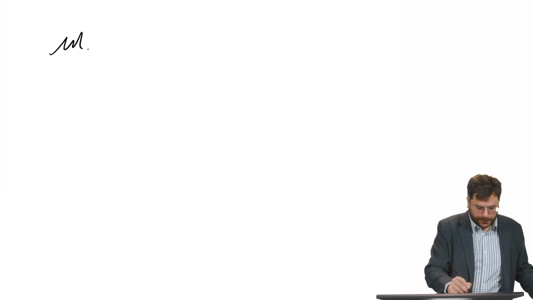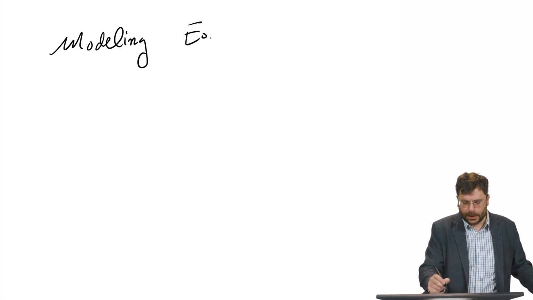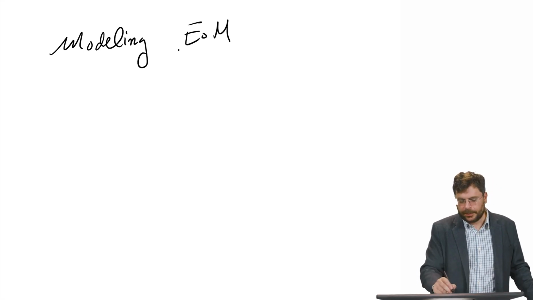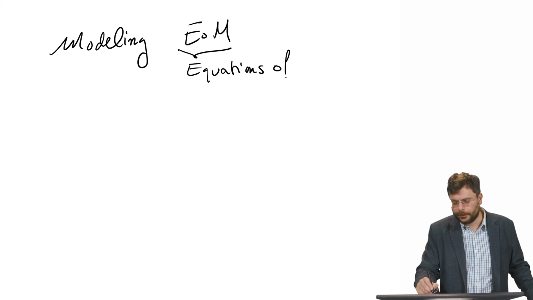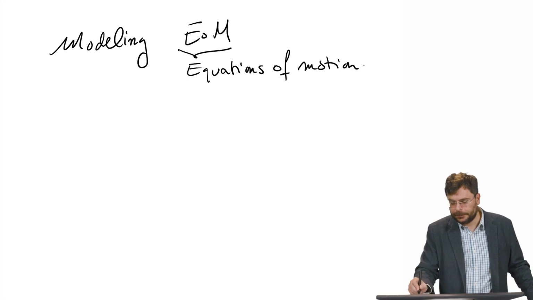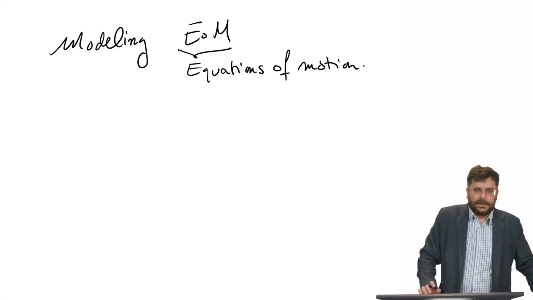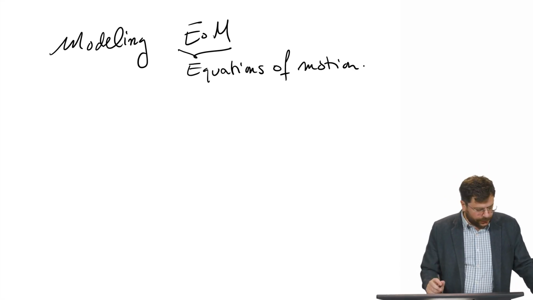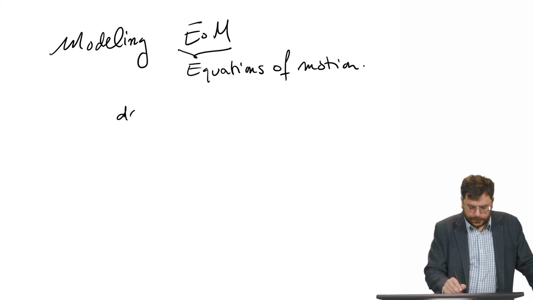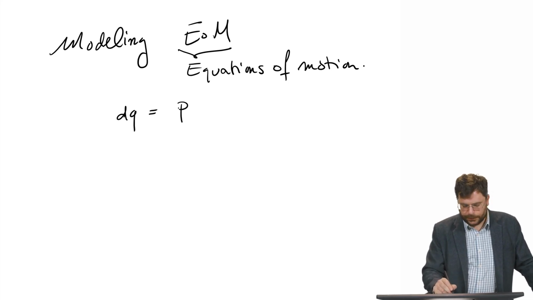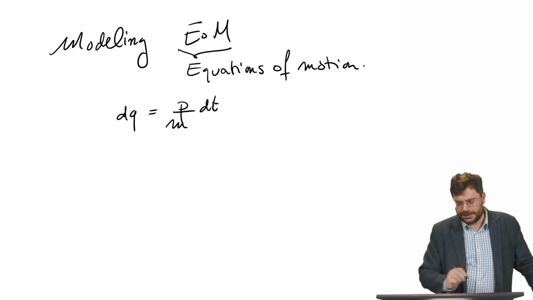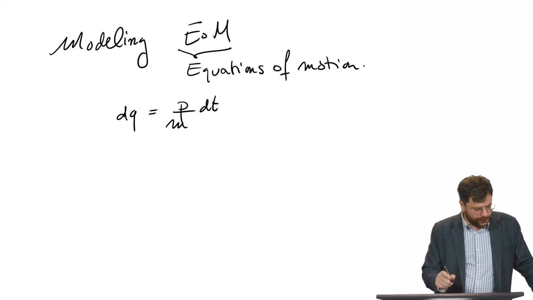So let's talk about modeling EOMs. And EOMs is kind of shorthand for equations of motion. So, the simple equations of motion for Newton are that dq equals p over m dt. I'll write it down and then I'll explain it in a word.